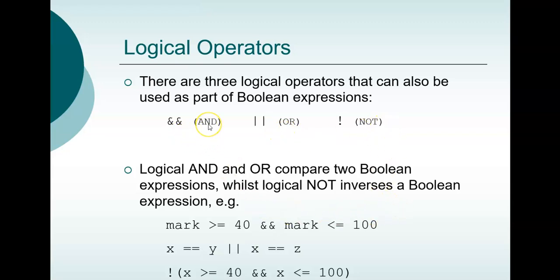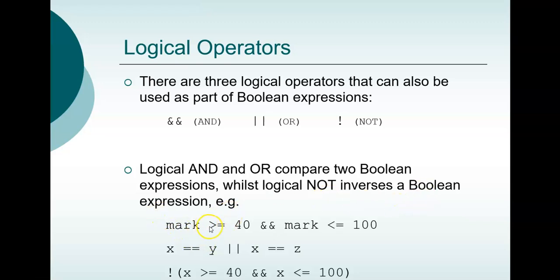Now we know that for AND, both expressions must be true. For OR, at least one expression must be true to result in true. And for the NOT, we negate the expression. So if it is true, it becomes false. If it is false, it becomes true. Logical AND or OR compare 2 Boolean expressions, while the NOT inverts a Boolean expression.